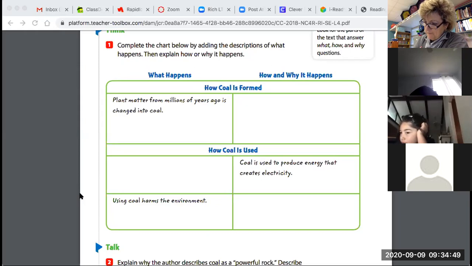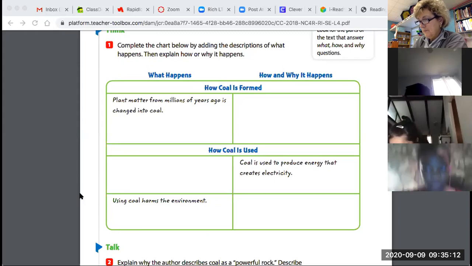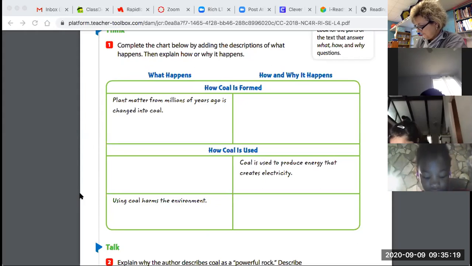Then it's burned, right? And when it's burned, it makes what? Does it make electricity when it's burned? It's burned to make what? Steam. The steam creates what? Electricity.